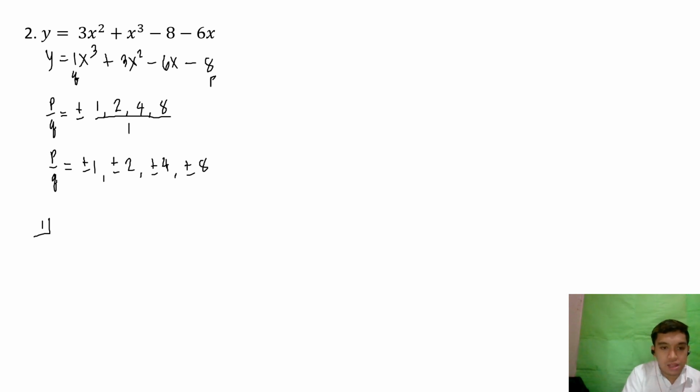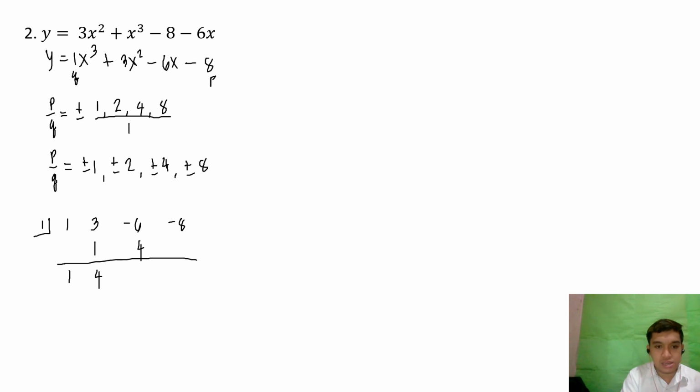So, i-list down natin dito yung ating mga dividend. 1, 3, negative 6, and negative 8. So, ito yung mga coefficient ng ating term sa ating polynomial function. Yan yung ating gagamitin sa pag-divide. So, bring down 1. 1 times 1 is 1. 3 plus 1 is 4. 4 times 1 is 4.